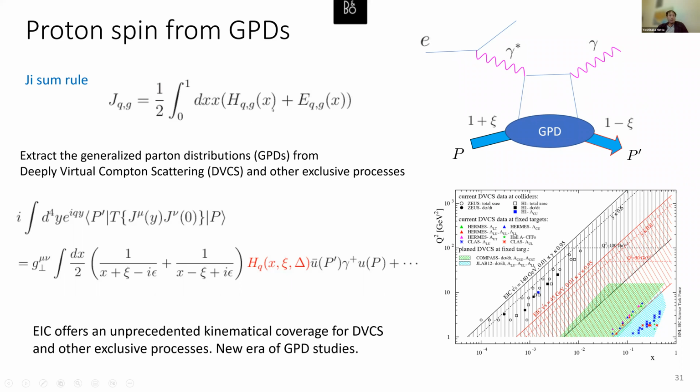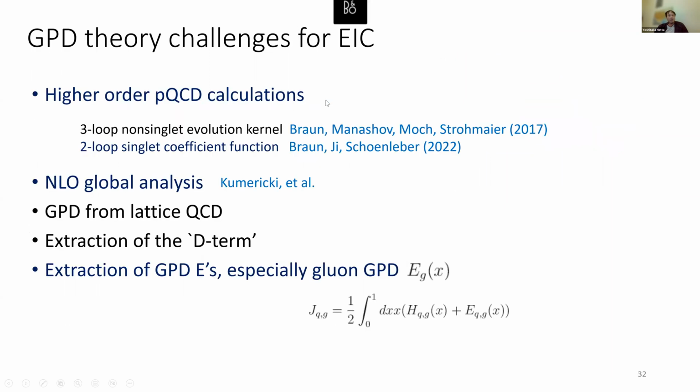The forward limit of this GPD is the ordinary unpolarized gluon distribution function, which we know very well. So the only non-trivial ingredient in the G-sum rule is GPD E, and that's very difficult to measure even at the EIC, especially the gluon GPD, E_g of X.